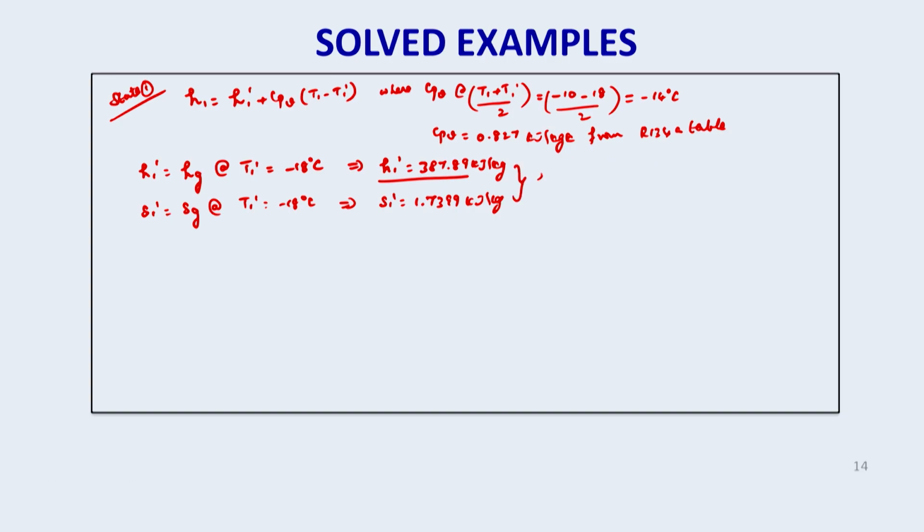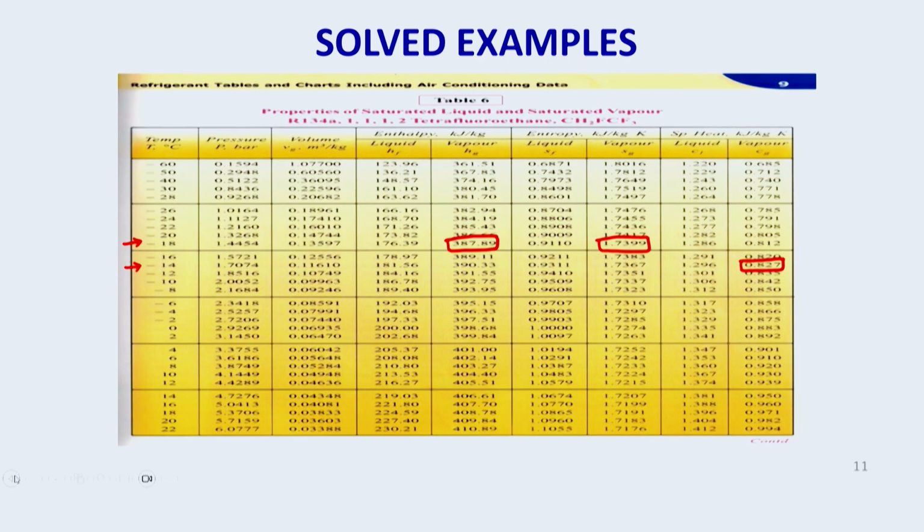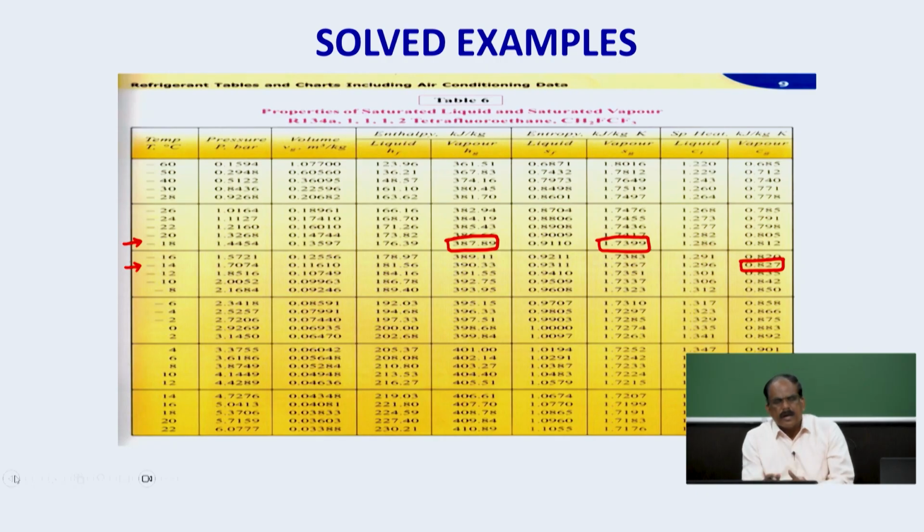Both these are from the R134A table at minus 18 degrees centigrade. Since 1 dash is lying on the saturated vapor curve, we can directly read the Sg and Hg values from the table.